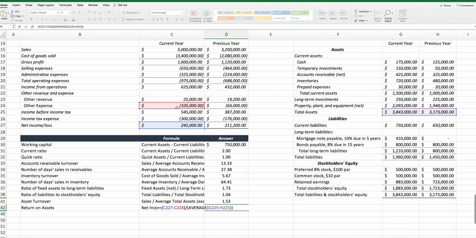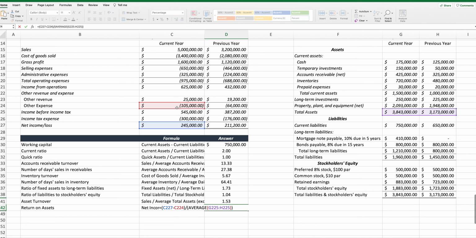And so, what am I trying to measure here? I'm trying to measure the profitability of a company's assets. Are they really using their assets as well as they should? And again, we can determine if this is a good or bad number depending on the industry they're in. Now, let's think about it.